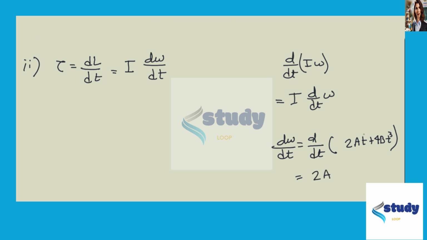Then t will have 1 minus 1, which is t to the power 0, and t to the power 0 is 1, so there's nothing there. Then 3 will come in front of 4, so 3 times 4 gives us 12b, then t gets reduced by 1 power, so 3 minus 1 gives us 2, so this is t squared. Again, we know a, b, and t, so t is 3 seconds.